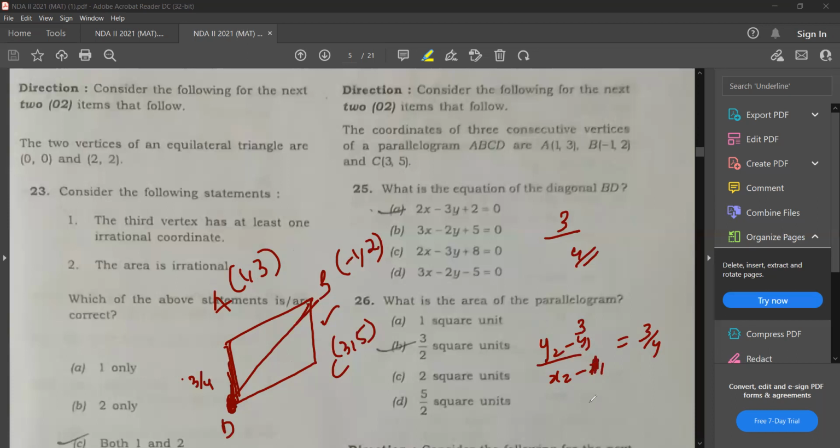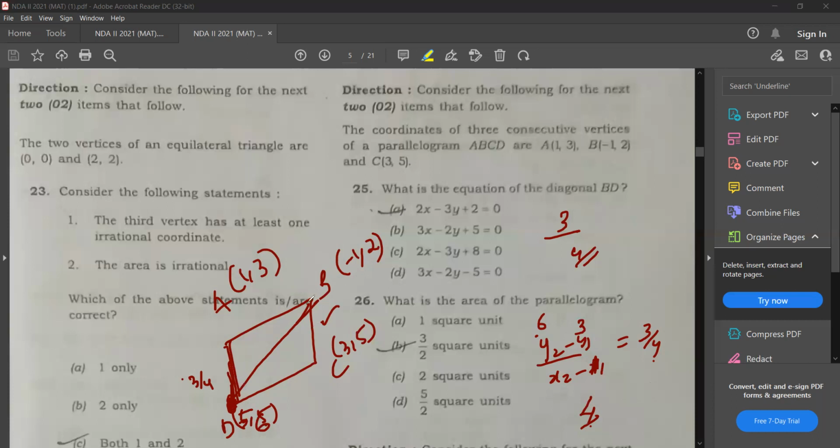So that can be 4 and 5, isn't it? First 4 minus 3. You have to get 3 here, so that can be 6. Sorry, 5 comma 6. So 6 minus 3 is 3, 5 minus 1 is 4. Okay.